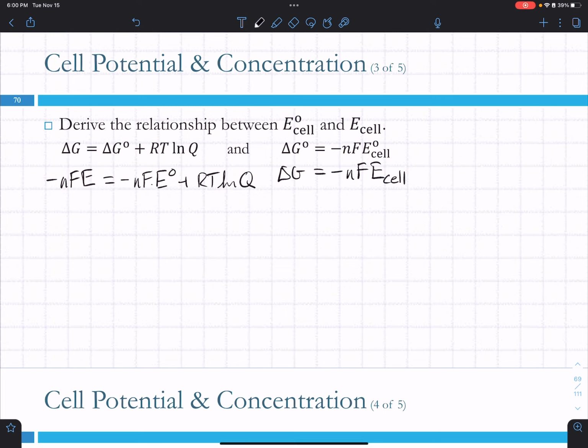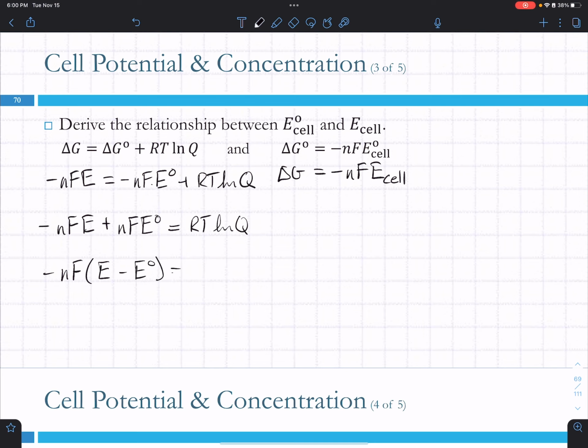And then algebra hacks, we're going to get NFE plus NFE standard conditions equals RT ln of Q. Then we can extract the NF, and the negative with it, so it's E minus E naught equals negative RT natural log of Q over NF.